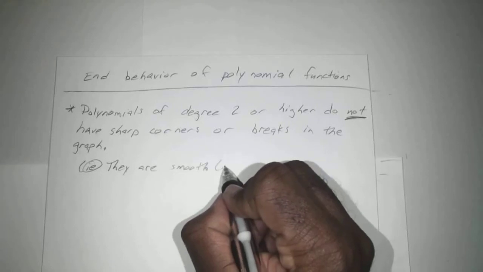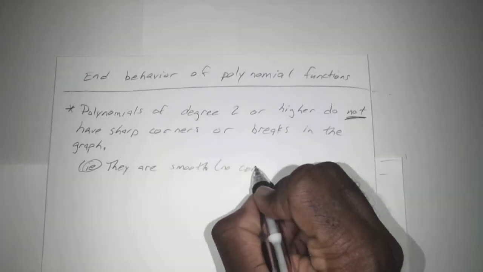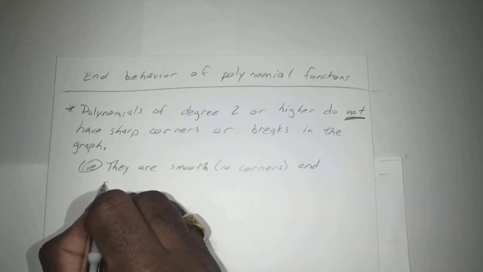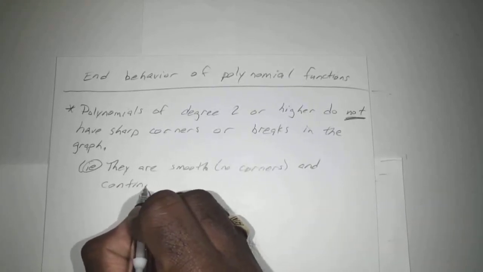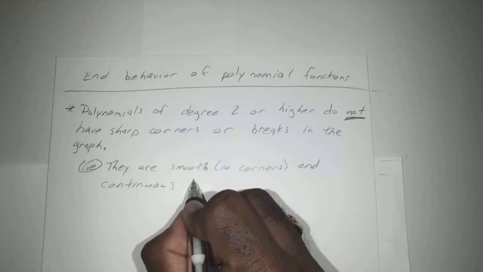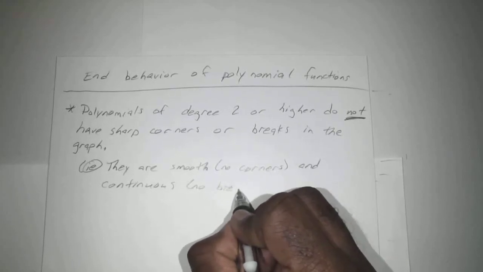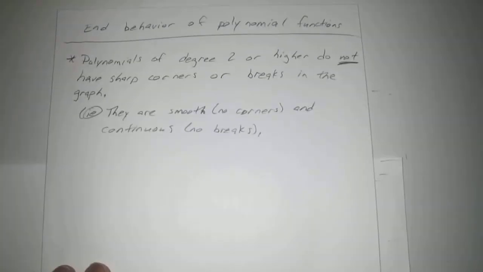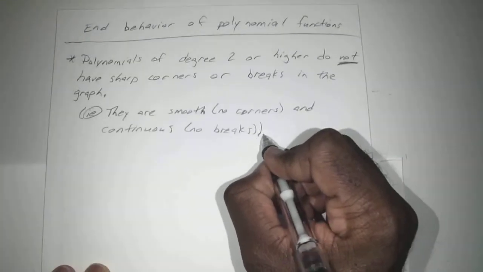Smooth, which means no corners, and continuous, which means no breaks. And there you go.